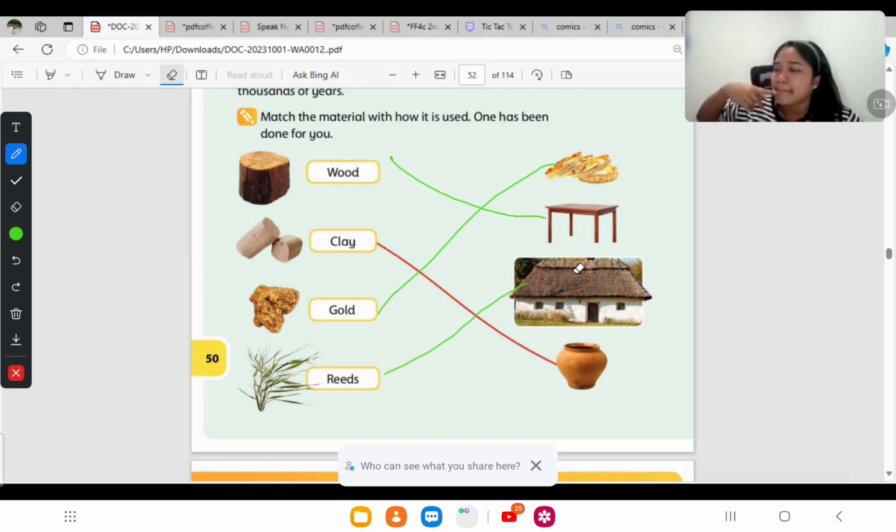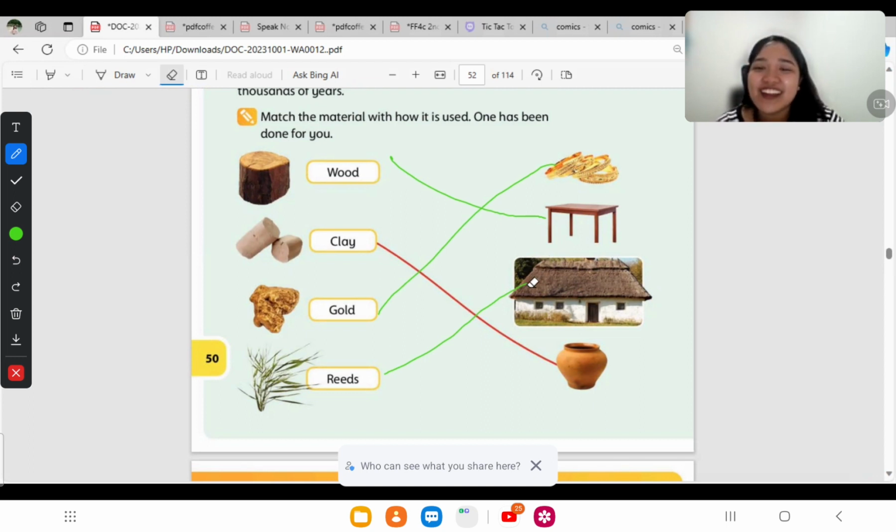Reeds are a taller grass that we can see in some places. So again, this ring is made from the gold. This table is made from the wood.